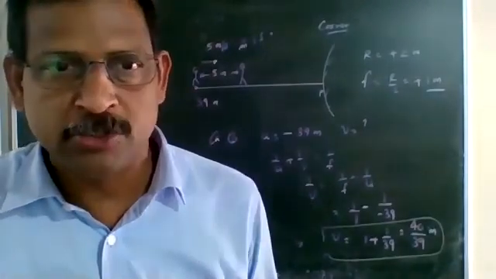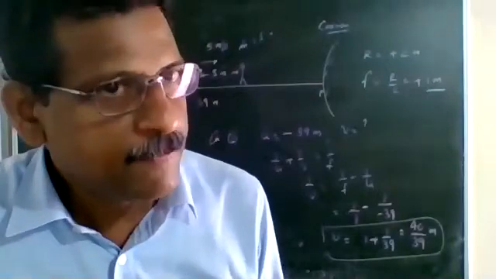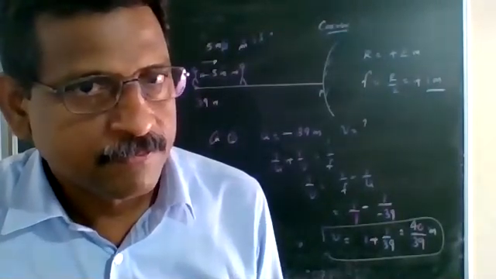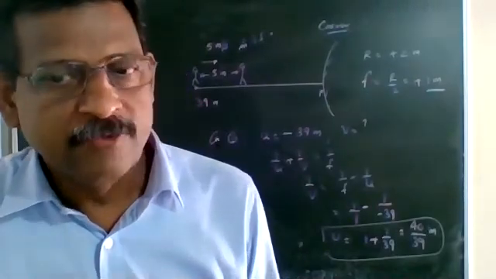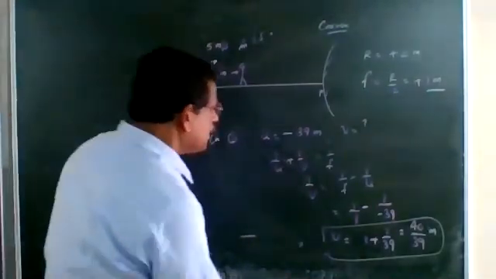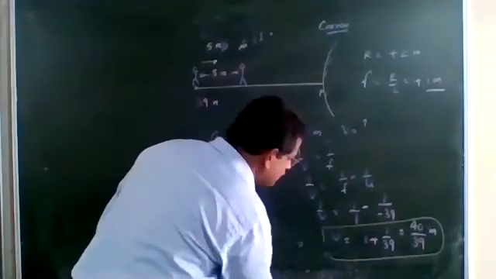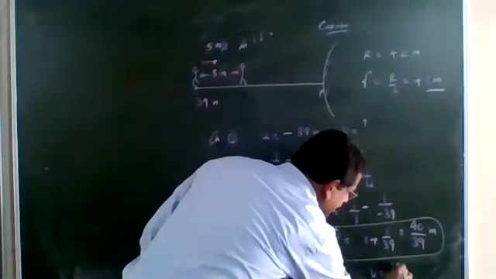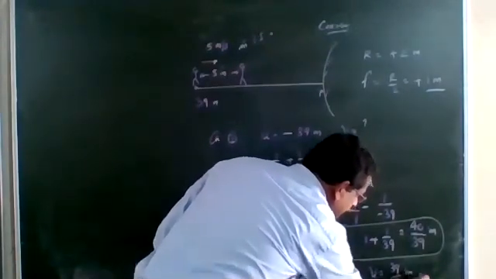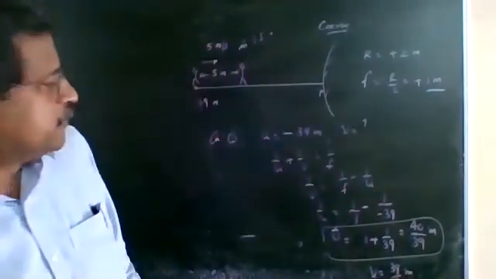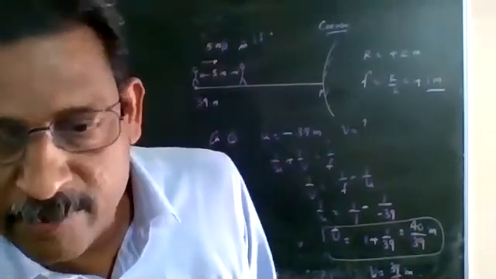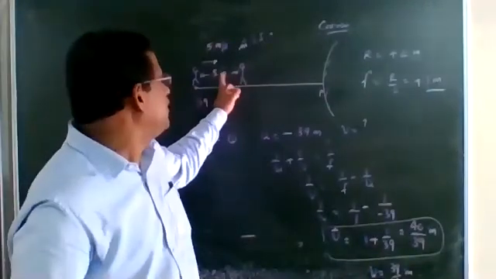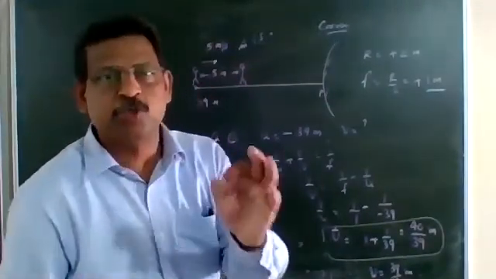So that 1 by v we are getting is 40 by 39, so v is equal to 39 by 40. Here we are coming 5 meters closer, so what is the new position of the object?